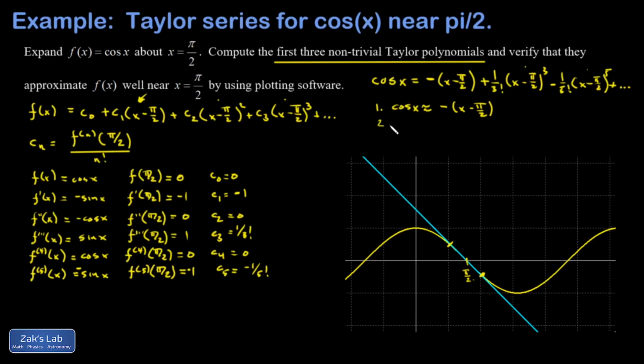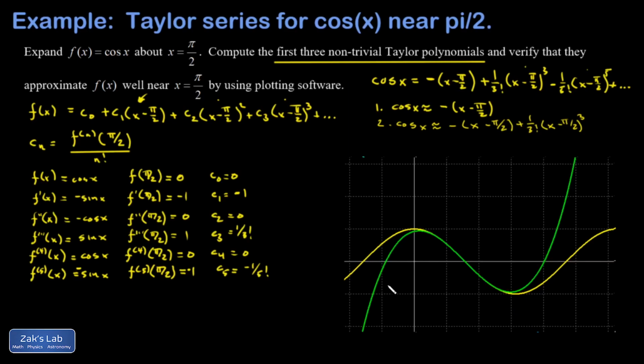Let's bring in the next approximation. I could say the cosine is approximately equal to the first term together with the second term. And since all the terms after that are less than the ones I've shown, this should be a fair approximation of the cosine function near x equals pi over 2. Let's bring in a picture of this cubic approximation real quick.